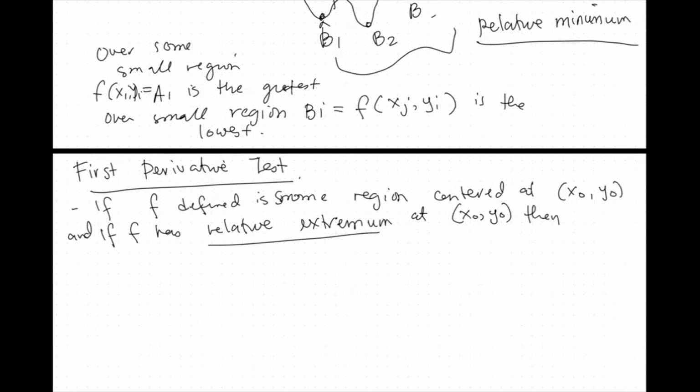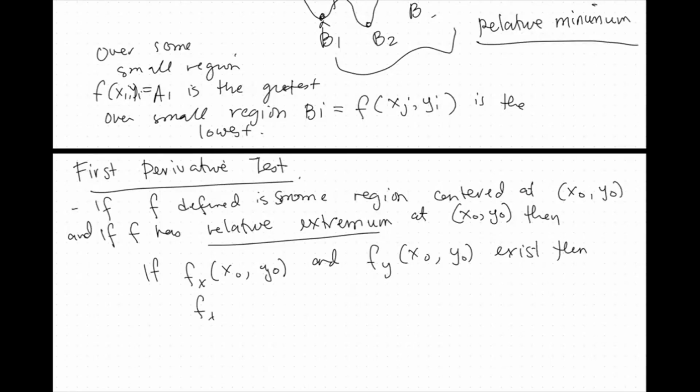Then if f sub x and f sub y exist, then this partial derivative evaluated at that point is equal to 0, and also your partial derivative with respect to y evaluated at that point is also equal to 0.